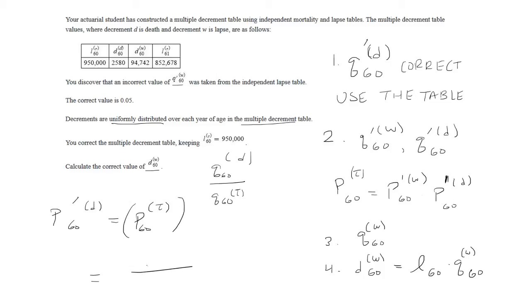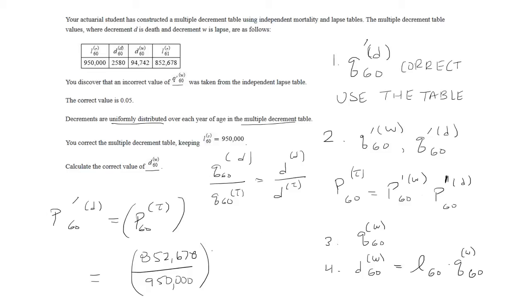That's L61 over L60. And instead of writing the probability of dying over the total probability, we could just say the number of deaths over the total decrements, so withdrawing and dying. So we can rewrite it like that.